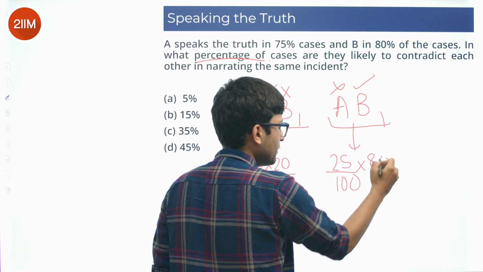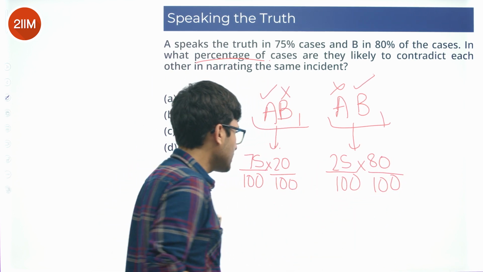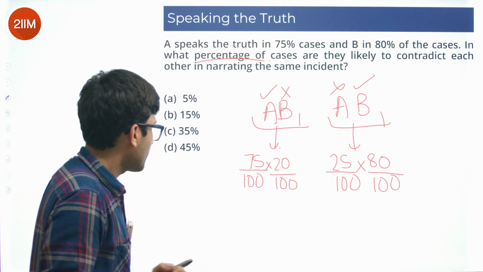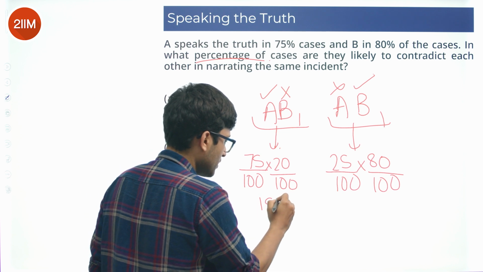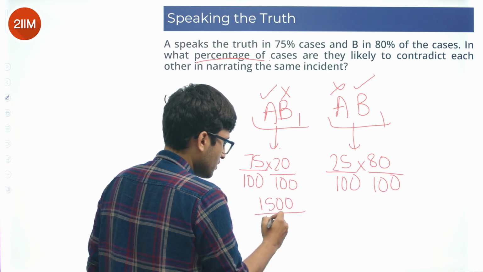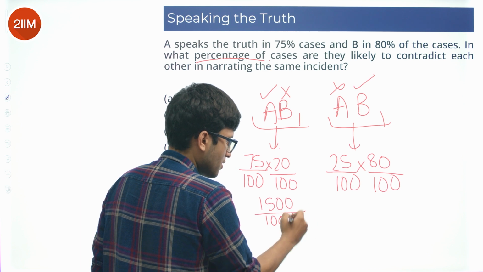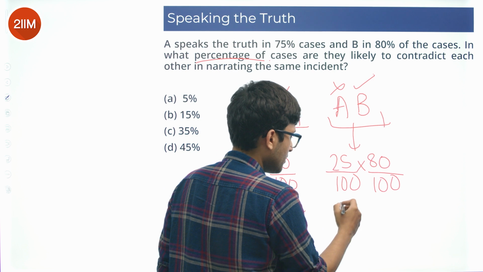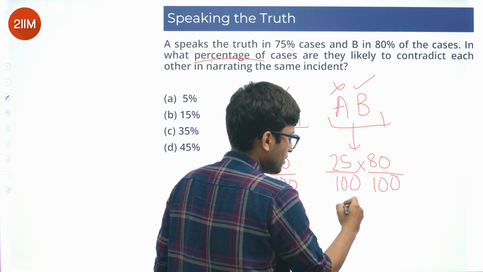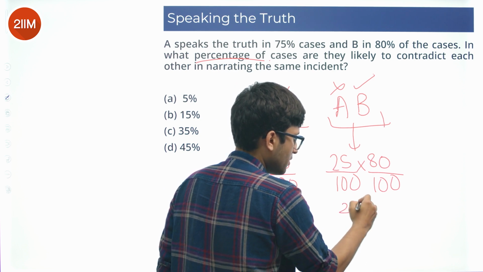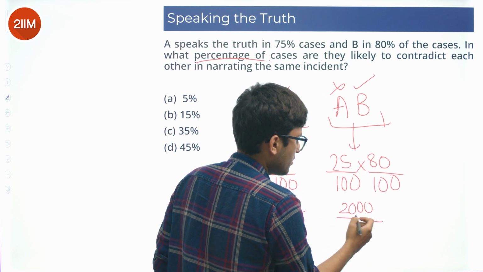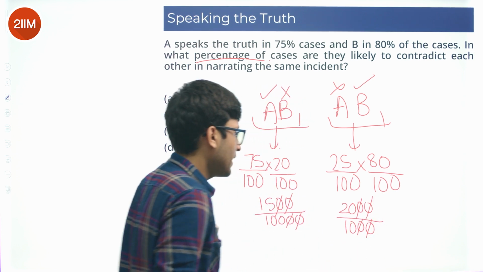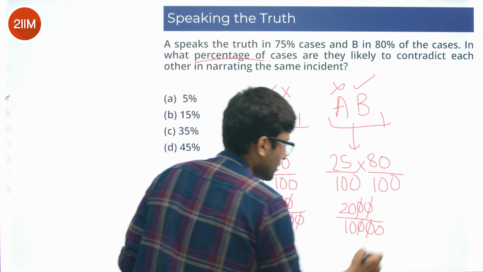So let us find out these values. 75 into 20 is 15 by 100, and here I would be getting 20 by 100.